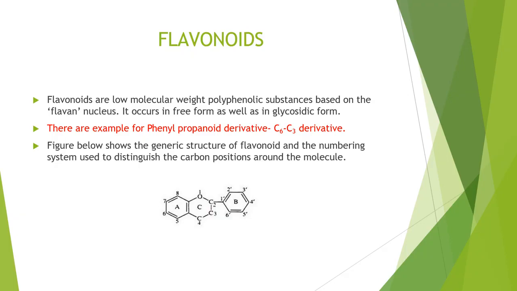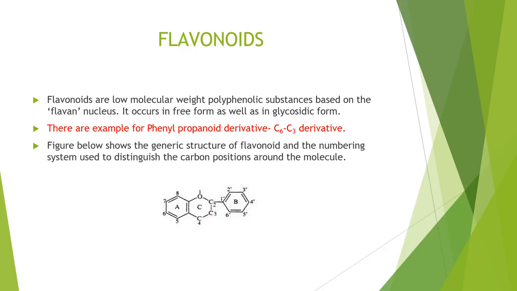What are flavonoids? Flavonoids are low molecular weight polyphenolic substances that, based on the flavone nucleus, occur in free form as well as in glycosidic form. In the glycosidic form, a glucose moiety or glycone is present.